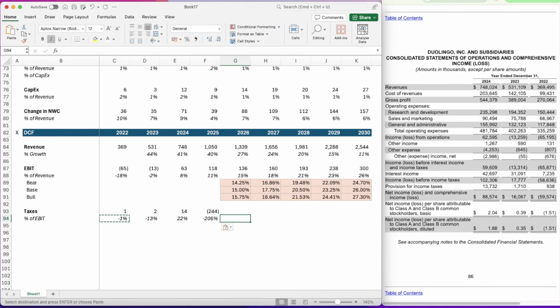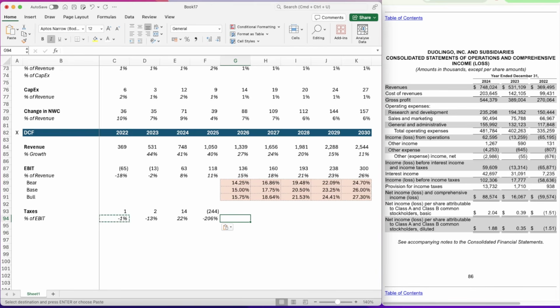It's hard to say what the tax rate is going to be because they haven't consistently paid, because the operating income was negative, and then they obviously got the benefit last year, so they haven't consistently paid tax.